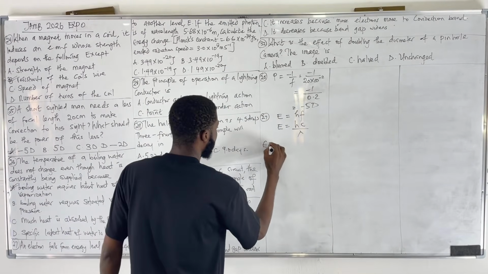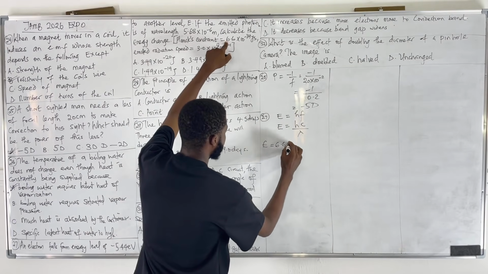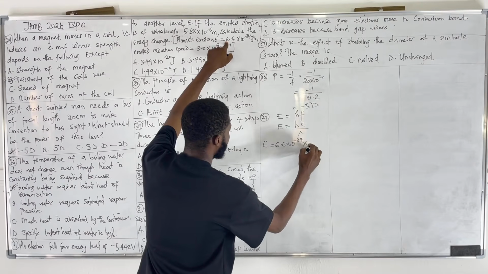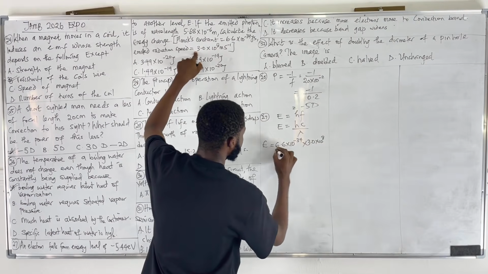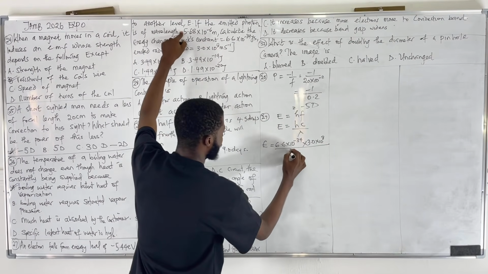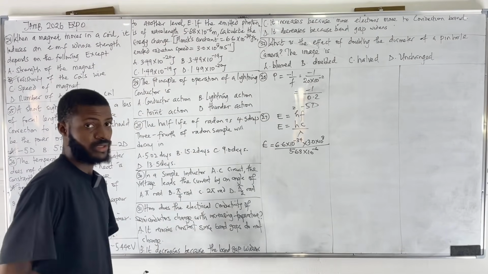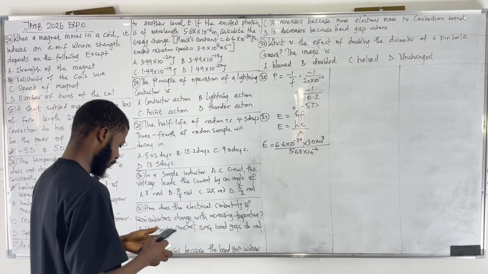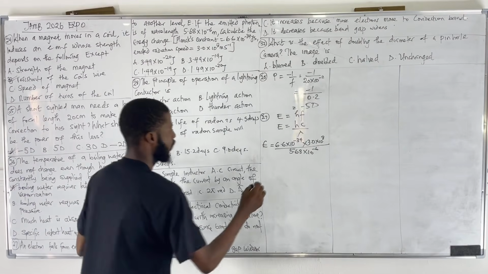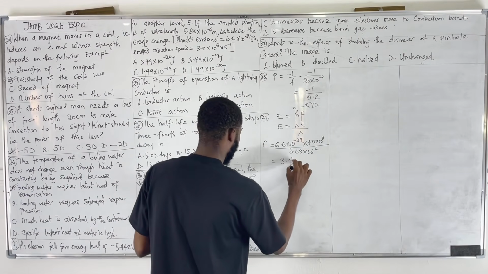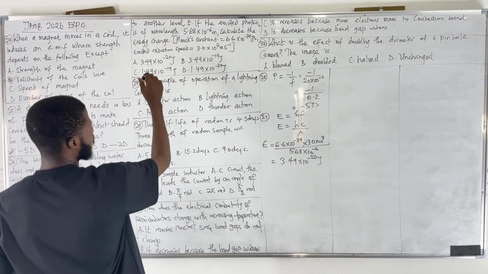So the energy change is h, Planck's constant, 6.6 times 10 to the negative 34, times c, the speed, 3.0 times 10 to the power of 8, divided by the wavelength, 5.68 times 10 to the power of minus 6. This gives approximately 3.49 times 10 to the power of minus 20 joule. So that would be A.